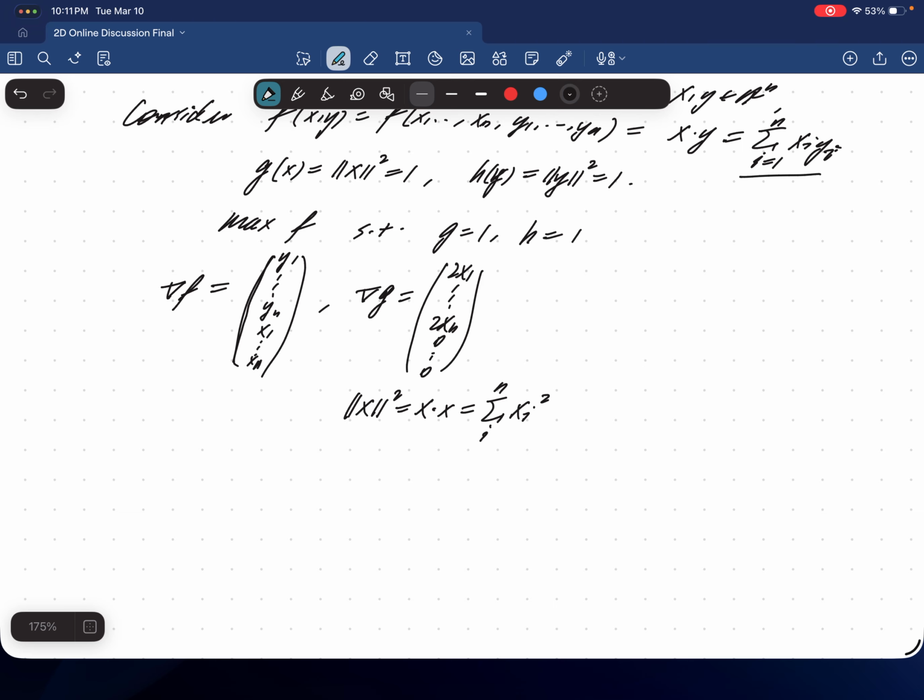And so if you take the partial with respect to xk, you get 2xk. And if you take the partial with respect to yk, you just get 0. And by the same reasoning, the gradient of h is zeros in the spot of the x's and 2y1 all the way to 2yn.